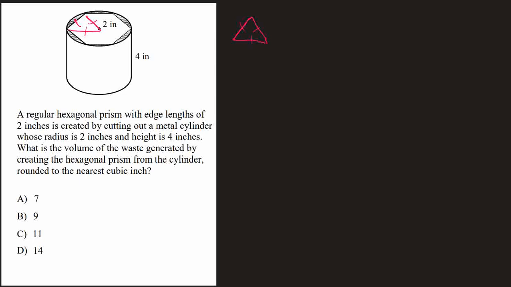Because it's a hexagon, so this will be 1, 2, 3, 4, 5, 6. So the angle of each will be 60 degrees. Then the length is 2 inches, 2 inches for all.